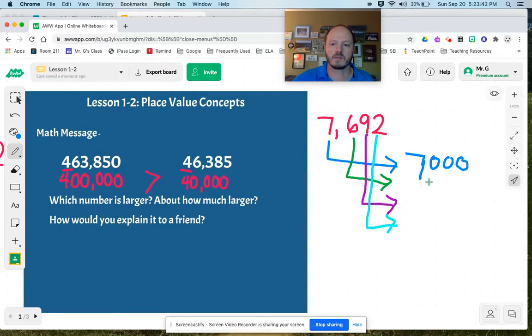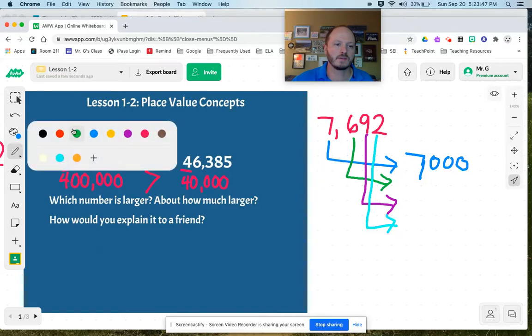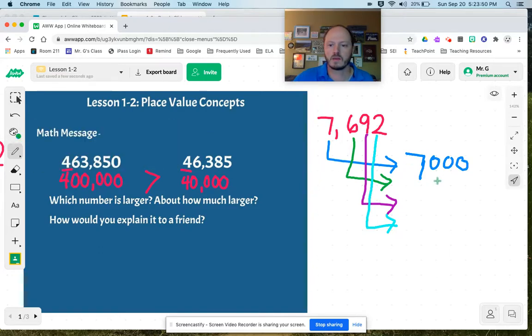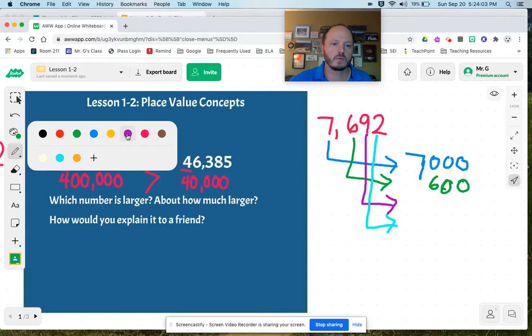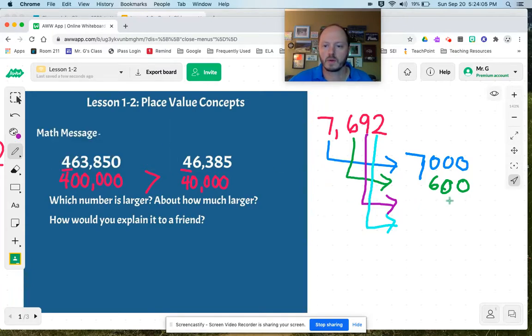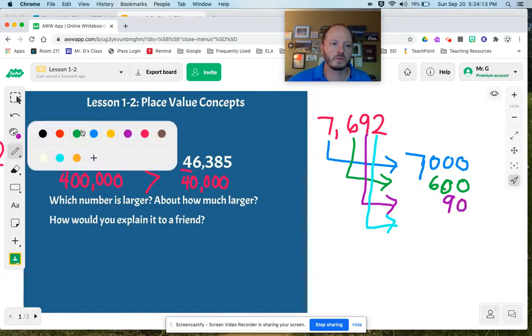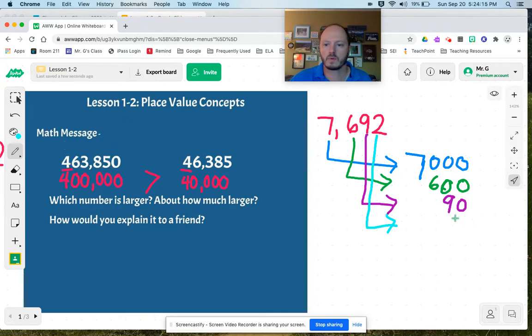And the 6 is a 600. And then we have the 9 in the tens place. And then we have the 2 in the ones place.